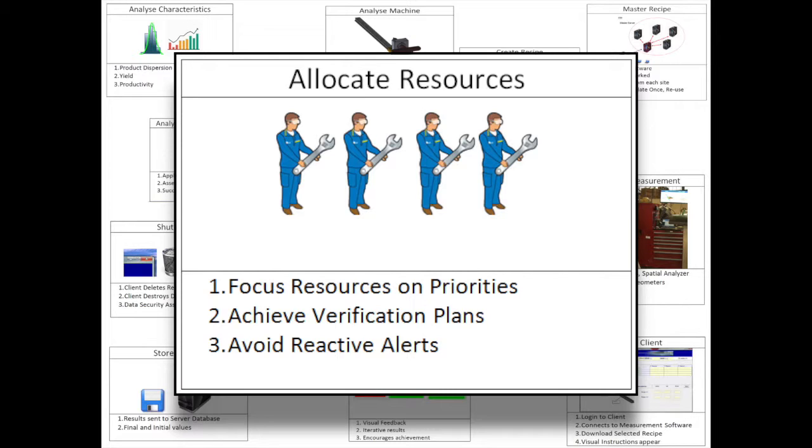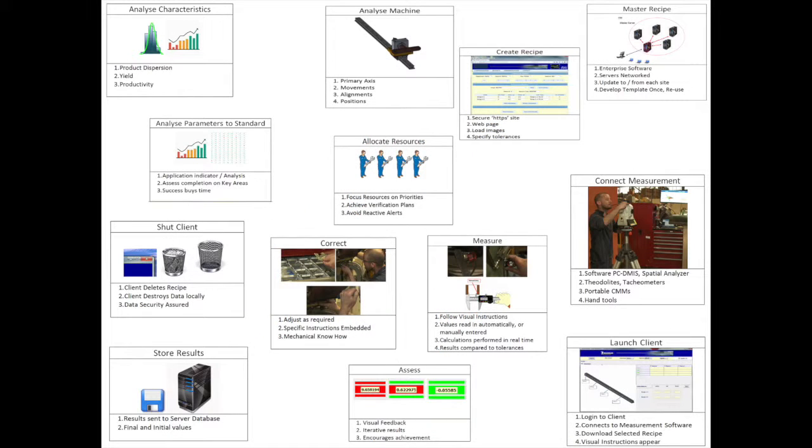So if you need to order in parts, if you need to do any particular work, you need to have all those things sitting ready, and that can be handled in a planned fashion much more effectively than in a reactive fashion. So in all, Meteor can start to help so many different areas, and hopefully this will have explained the overall process.